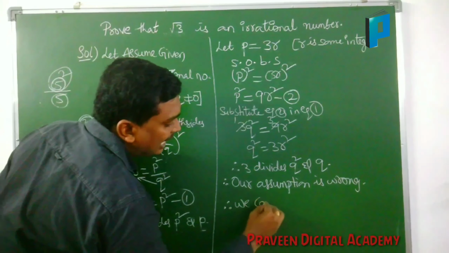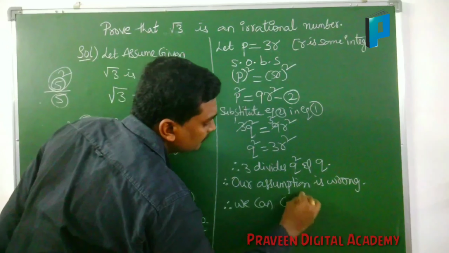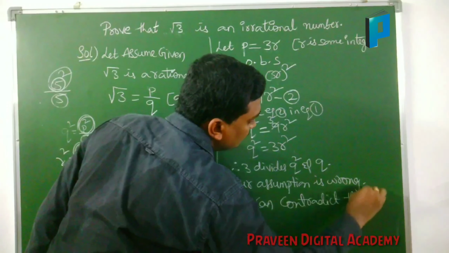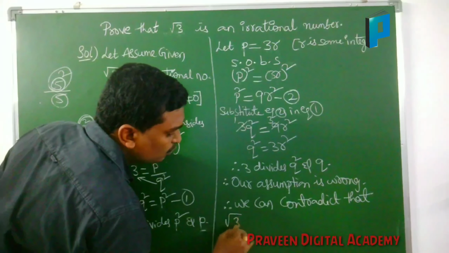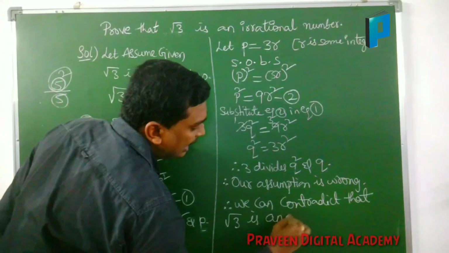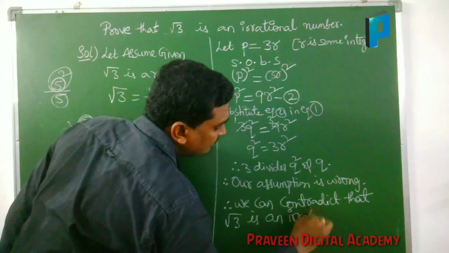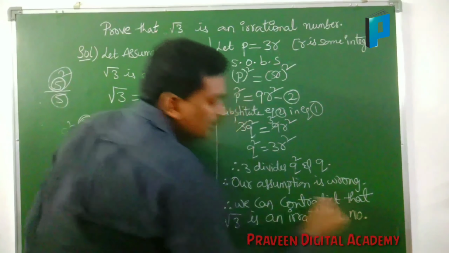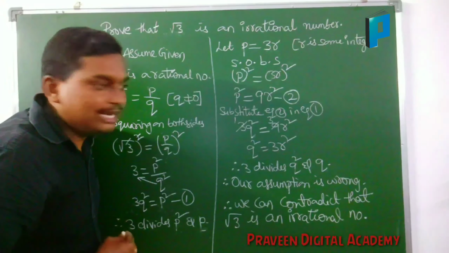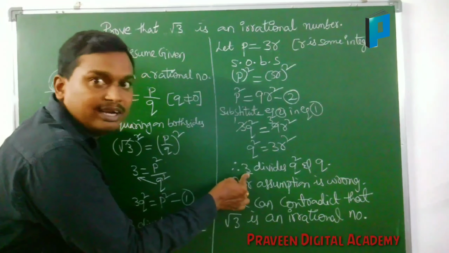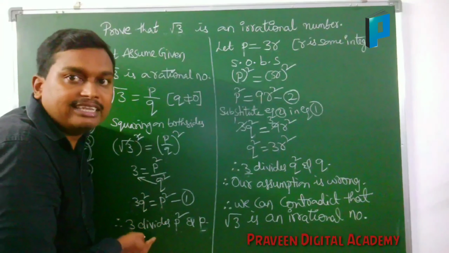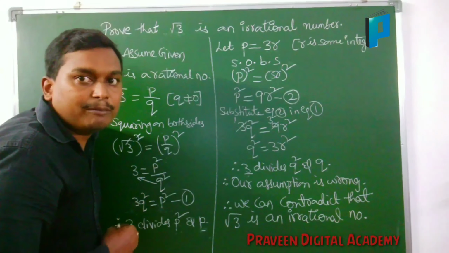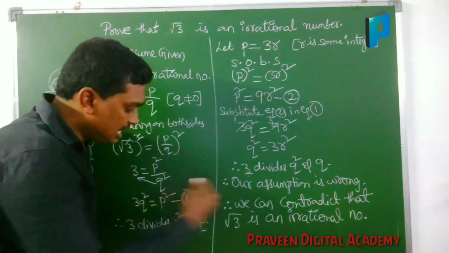We can contradict that root 3 is an irrational number. Simply you have to remember that when the same number is dividing the numerator and the denominator, such kind of number is called an irrational number.